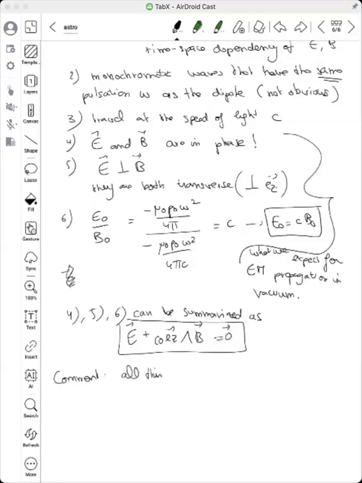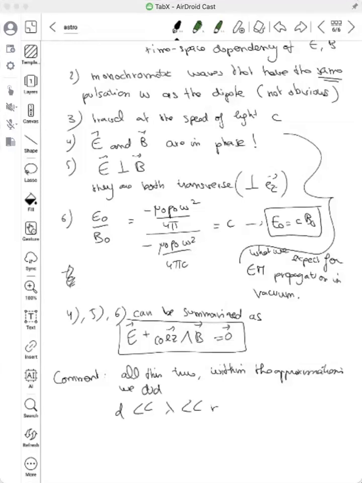All this is true within the approximations we did, okay, which are the following. So I'm standing far, the size of my dipole is much smaller than lambda, which is linked to the pulsation of the dipole, and I'm standing very far from the dipole.